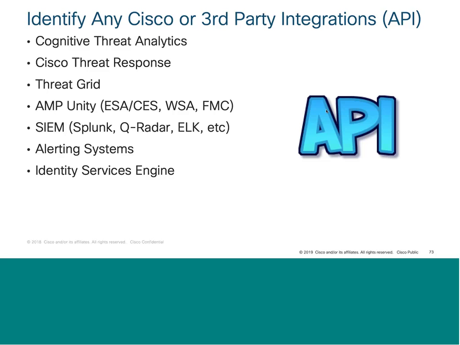Cisco Threat Response. Cisco Threat Response comes with AMP for Endpoints. This is probably the best orchestration tool I have ever seen, and if you haven't played with it, please sit down and go to one of the threat hunting workshops, get a good deep dive into Cisco Threat Response. I think your customers will be amazed.